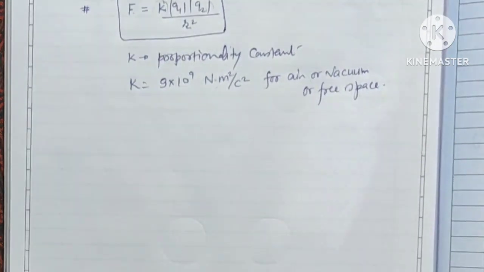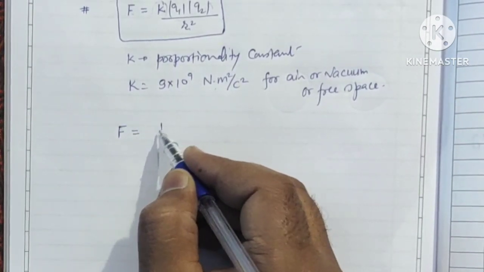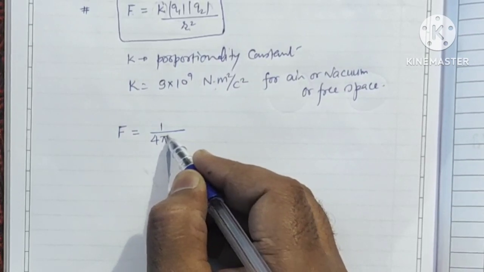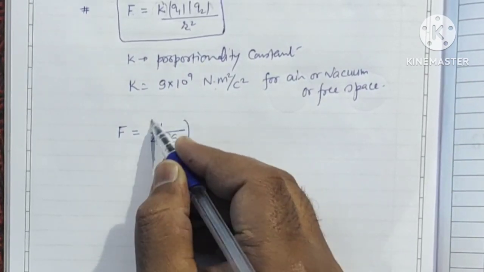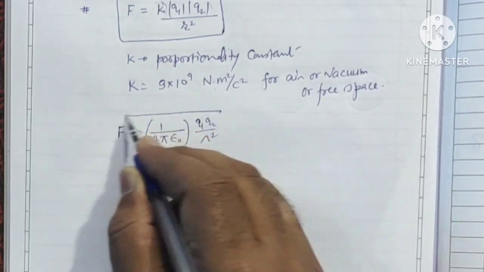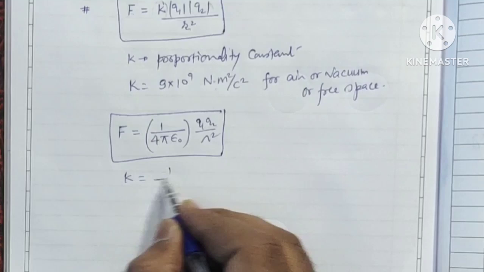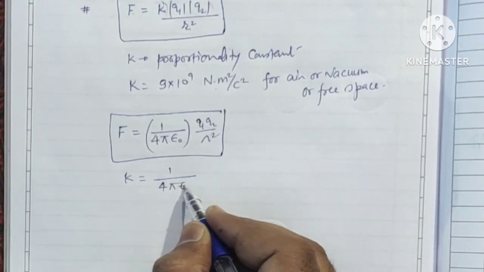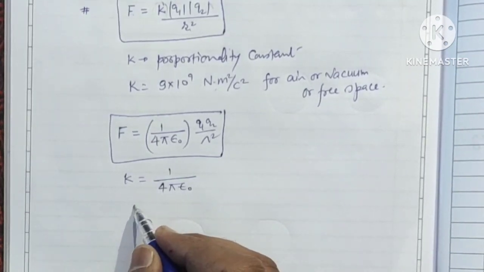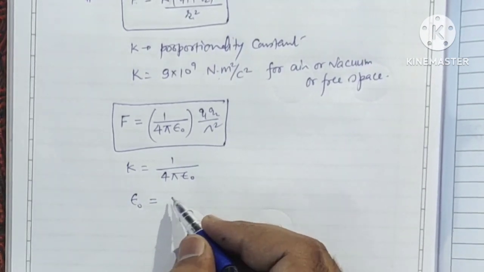Now further, K is written in the form of epsilon. We write K as 1 by 4 pi epsilon naught, so the force is 1 by 4 pi epsilon naught into Q1 Q2 by R square. Here K has been substituted with 1 by 4 pi epsilon naught, and this epsilon naught is again for the medium.